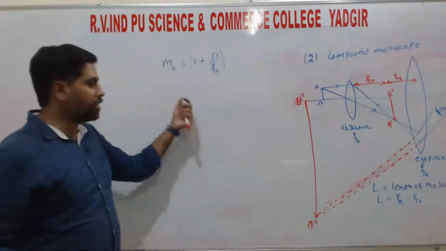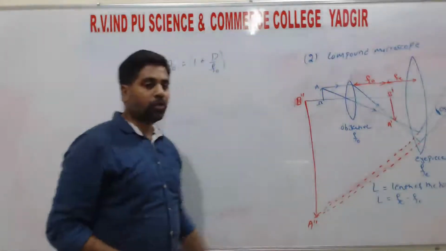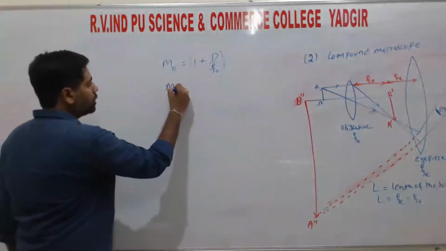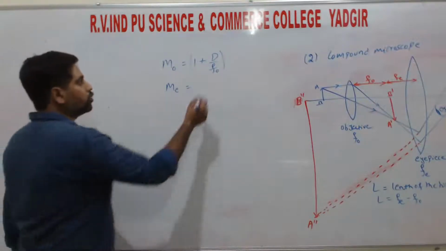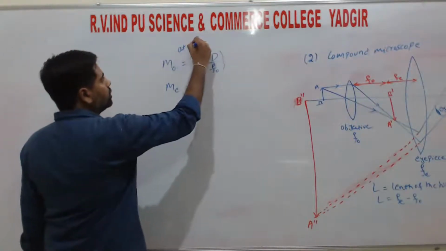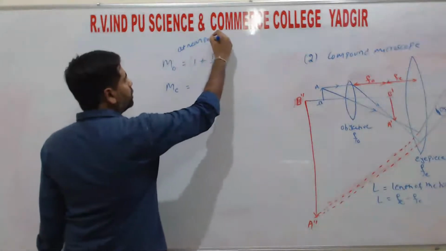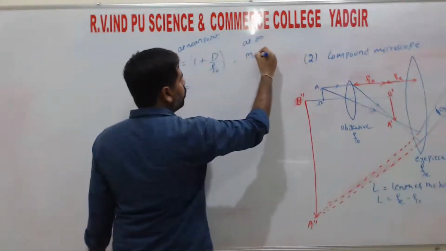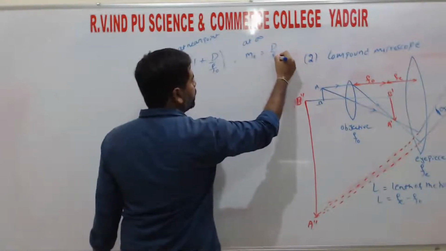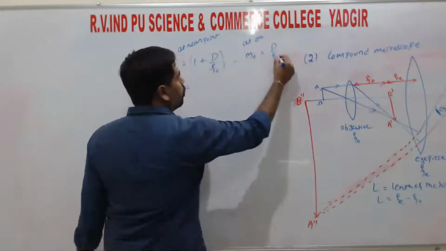So this one is the magnification for the objective lens, and we have the magnification of the eyepiece, that is ME. So this is at the near point, and the same at infinity, we have MO equals D by FO.